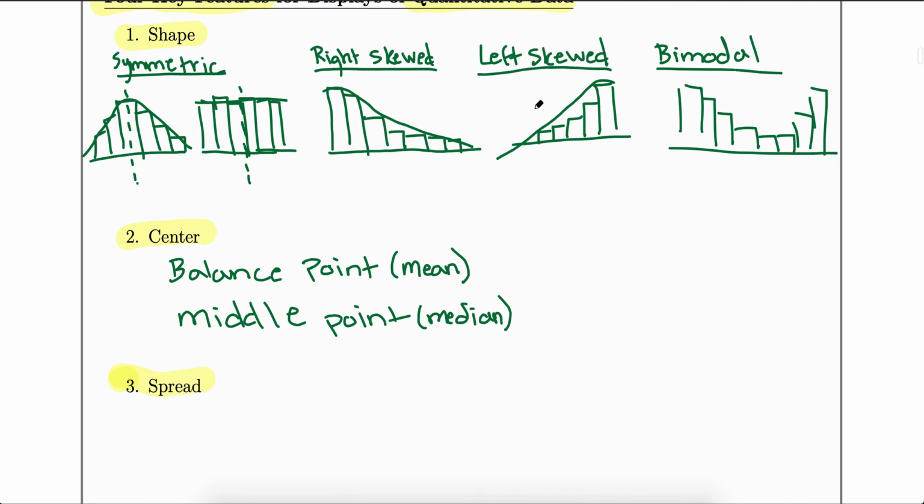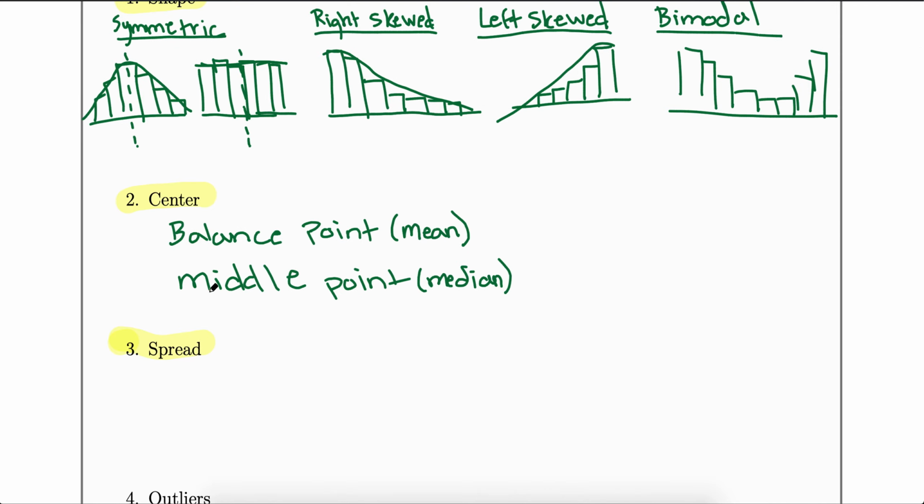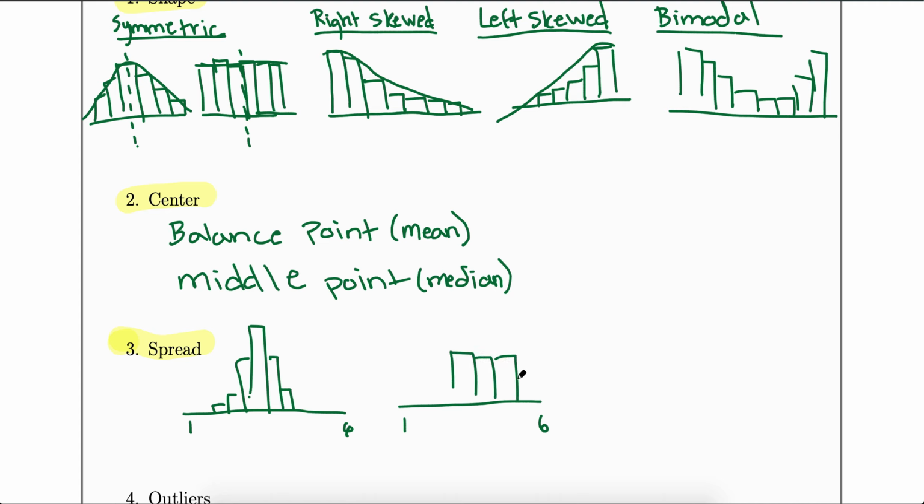You could talk about spread relative to a different plot. So for example, if I had something on a scale of 1 to 6, and I had the data looking like this versus something else on a scale of 1 to 6, and it looked like this.